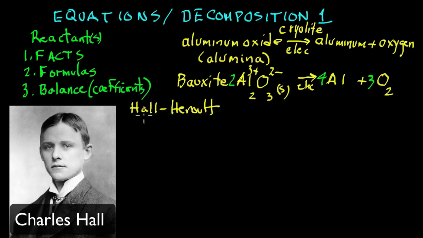Charles Hall became very wealthy, never married. In fact, a quick story on Hall is at one time he misspelled aluminum. He dropped the I up here, and it used to be IUM. It was called aluminium. So now in the United States, it's stuck. Aluminum is the United States. The rest of the world is still aluminium. But Hall never married and left his money to charities and a lot to Oberlin College.